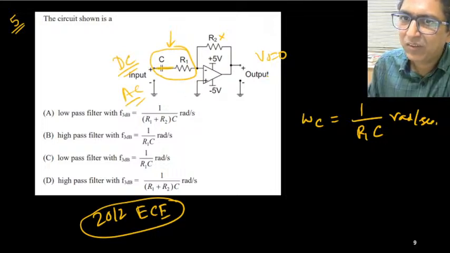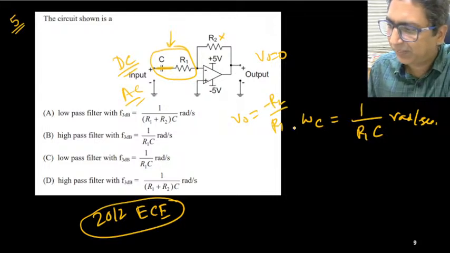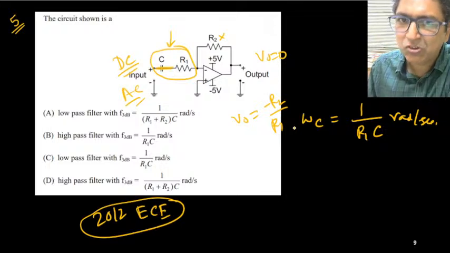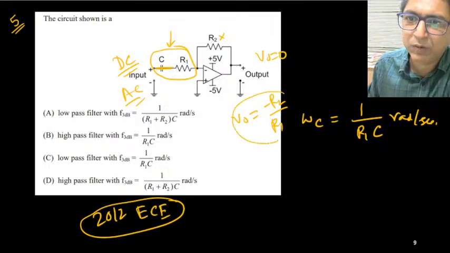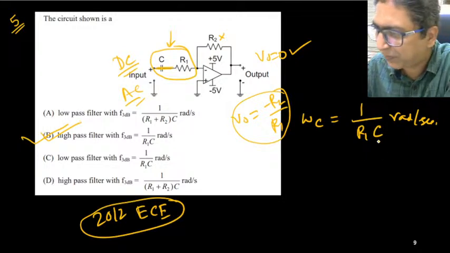Then output will be minus R2 by R1. Some gain you are getting. So high frequency signal can pass through, it will give you certain gain, but for low frequency the output is 0. So low frequency cannot pass, high frequency can pass. So it is a high pass filter, and its cutoff frequency is 1 upon R1 into C.